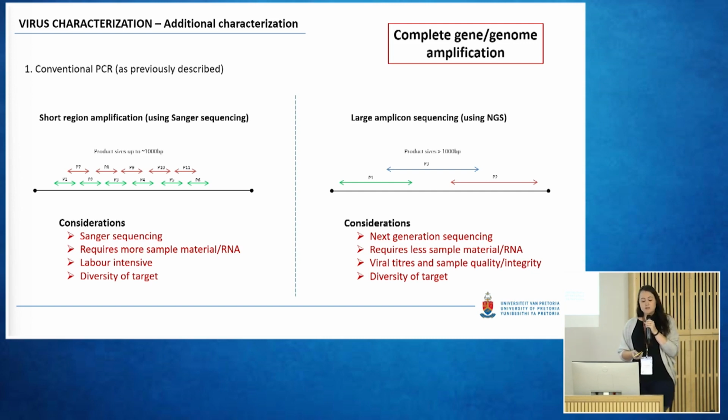This will require less sample material, obviously, as you have fewer assays that you will be running. But if your viral titers or copy number in your samples are quite low, you tend to struggle with getting the larger regions. Or if the integrity of your sample is questionable, you will struggle to get this. And again, there is the problem of what you do if your target is too diverse.